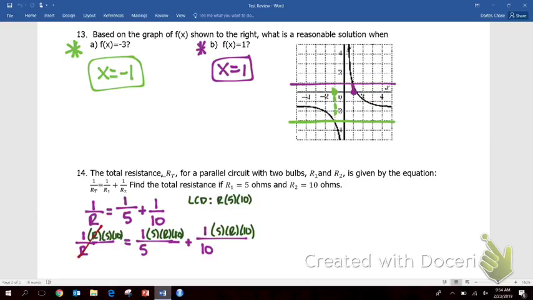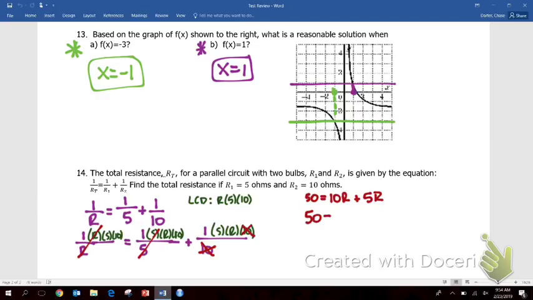So I can cancel out my R, I can cancel out my 5, and I can cancel out my 10. And after I do that, I'll write what I'm left with over here. So 5 times 10 is 50 equals 10R plus 5R.